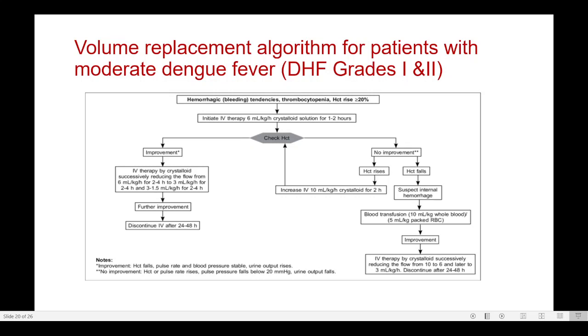What are the improvement signs? One is hematocrit level starts falling, pulse rate and blood pressure become stable, and urine output rises. And we will say that no improvement has occurred when hematocrit or pulse rate rises, pulse pressure falls below 20 millimeter of mercury, or urine output falls.